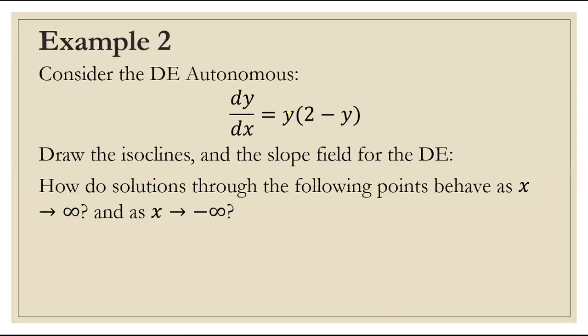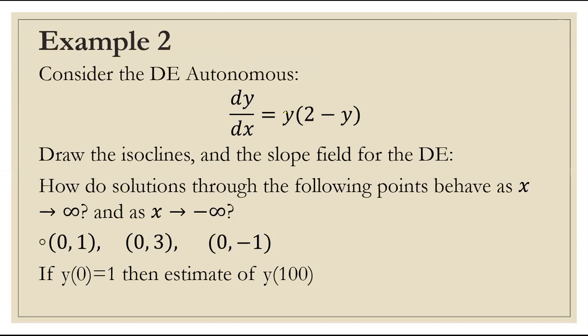Now I have the second example here. Also the same: you need to draw isoclines, slope field, solutions for specific points, and estimate something. Let me write my equation: y prime equals y times (2 minus y).